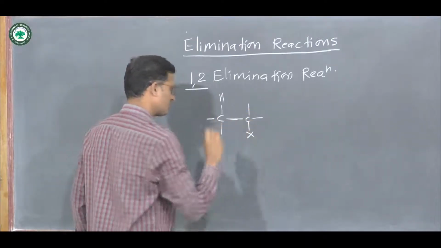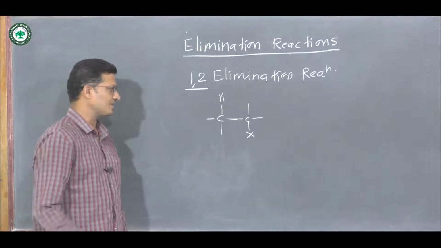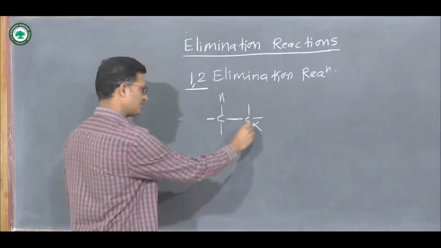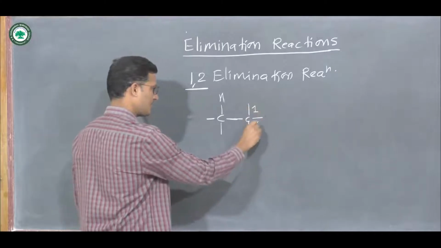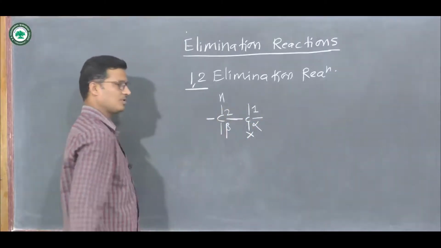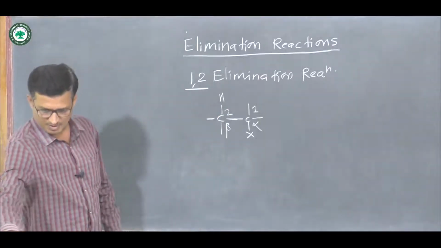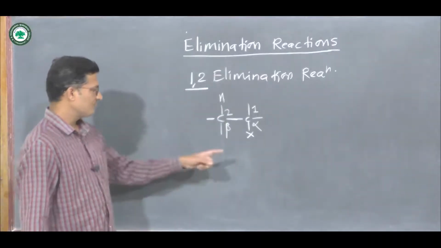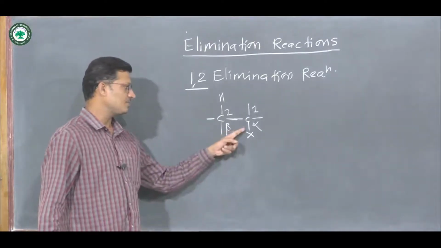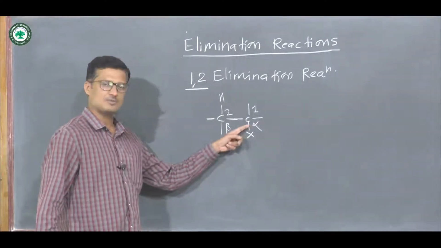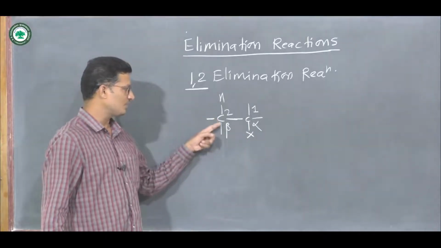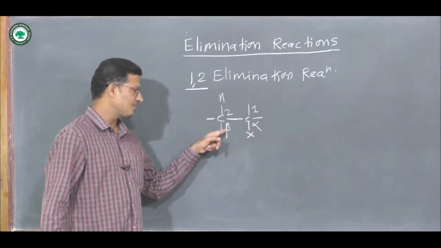This is your substrate or reactant, and we call this carbon number 1, or the alpha carbon, and this is the beta carbon, or carbon number 2. Here there is a leaving group X on carbon number 1, the alpha carbon, and a hydrogen on carbon number 2, the beta carbon.